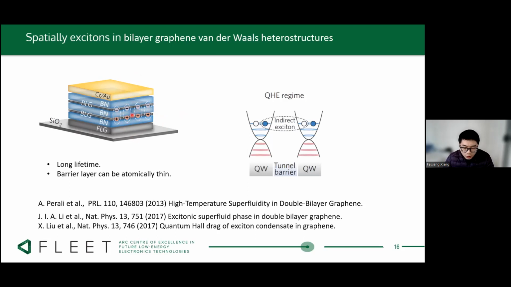The two bilayer graphene layers are separated by an insulating layer, a special HBN layer, which acts as a barrier to separate the electrons and holes.